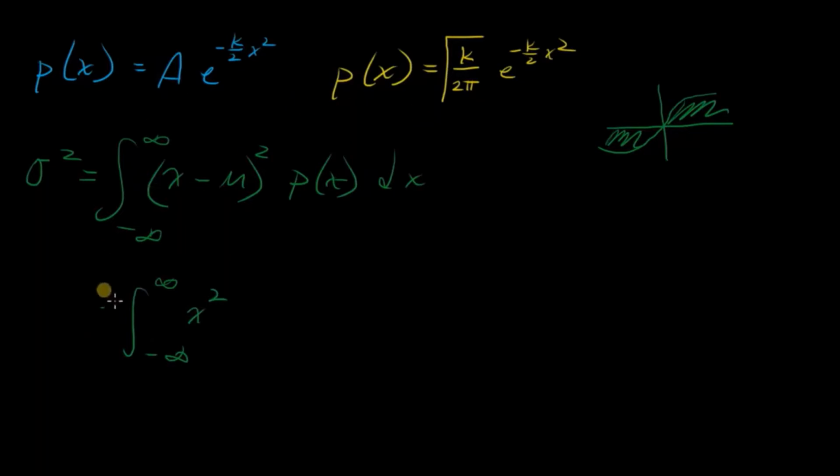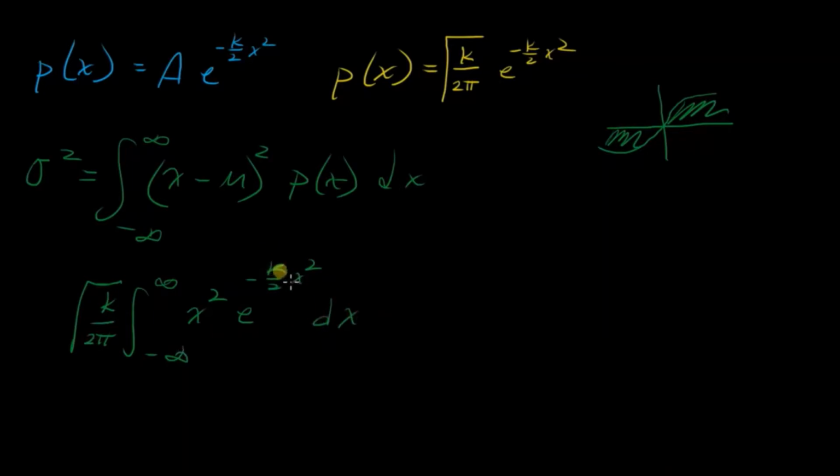So we're going to have, keep that out front, and then we'll have the integral here, and this will give us the variance. And so that's the next thing we're going to do, and it's going to give us a way to see what k is.